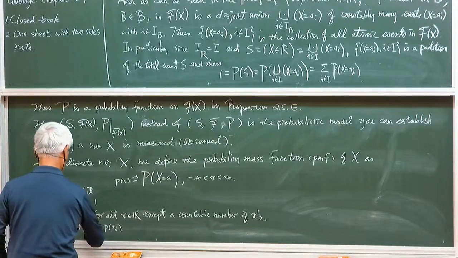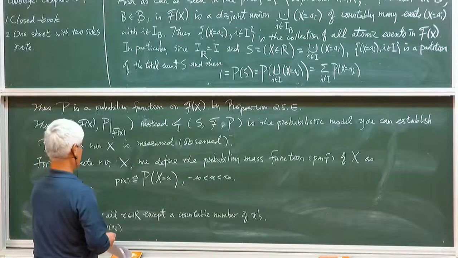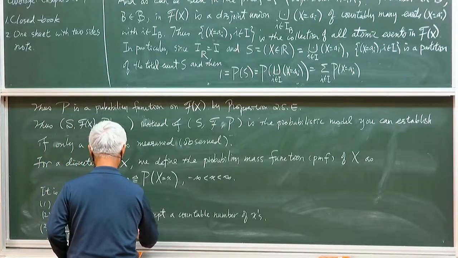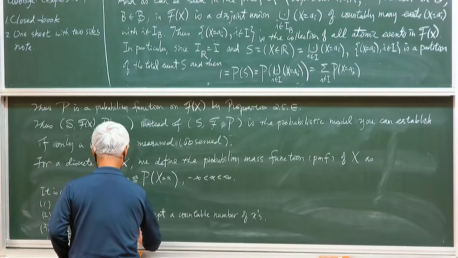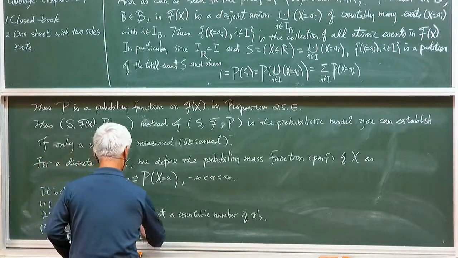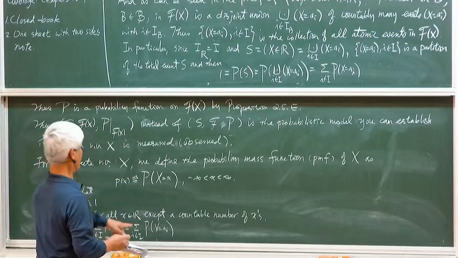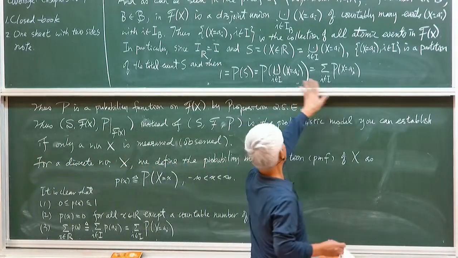So we can say this is defined because of 2. Otherwise you can't do the summation at all. By the definition, p at a_i is the probability that x equals a_i, and this sum is equal to 1.